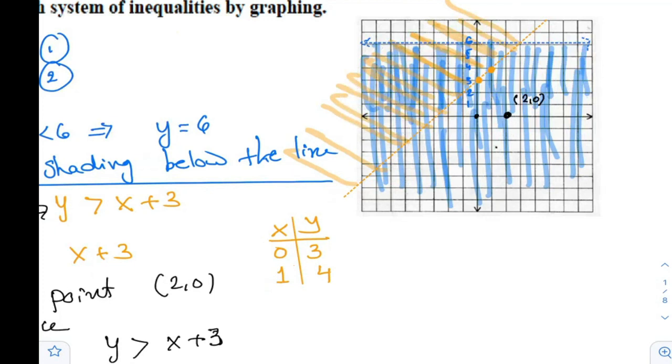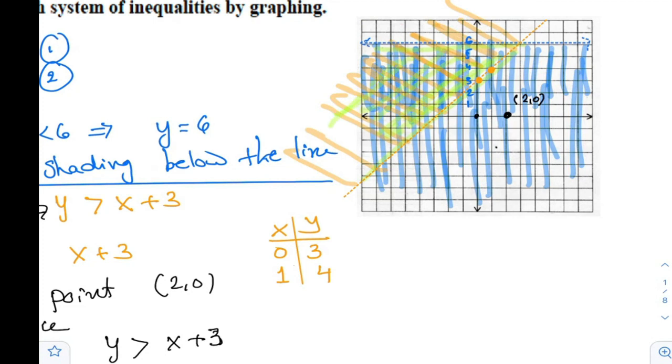So our solution in this case is this region where both colors are there.